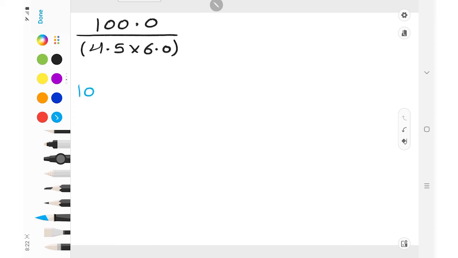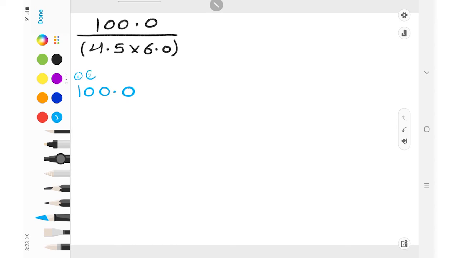Okay. I have 100.0 divided by 4.5 multiplied by 6.0. Lower and upper for the 100. Two significant figures. This is my first one.